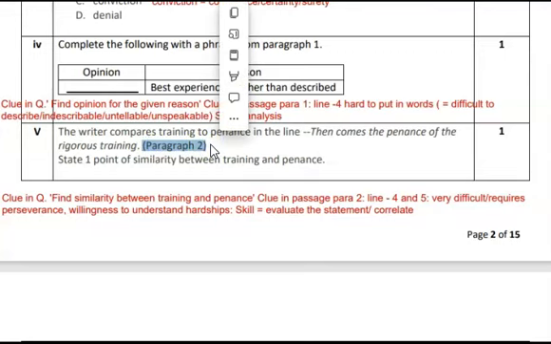What else do you need? So when you read the second paragraph, the writer is saying that training is required for remaining alive or for survival. So you have to simply put that the similarity between training and penance is that both are needed for survival or for remaining alive. That's all.